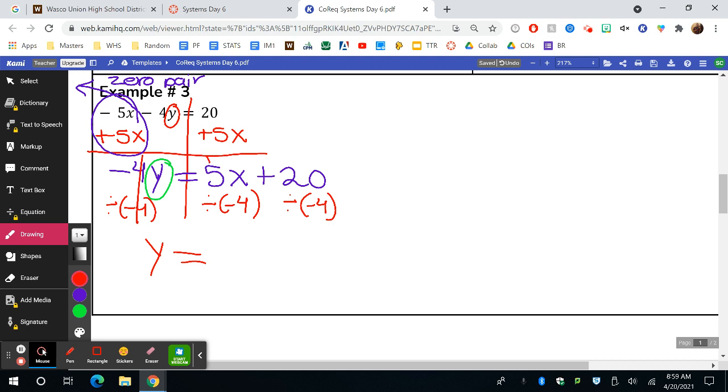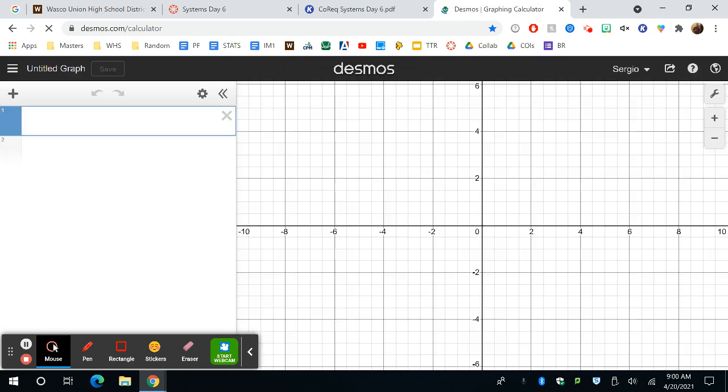5 divided by negative 4. I can go to decimals, and if you don't know what 5 divided by negative 4 is, you can always just go there and it will be easier. So 5 divided by negative 4 gives me negative 1.25.